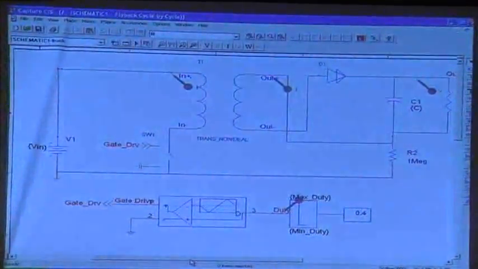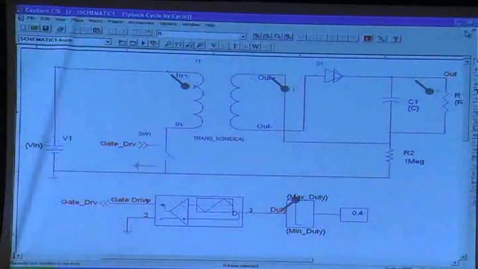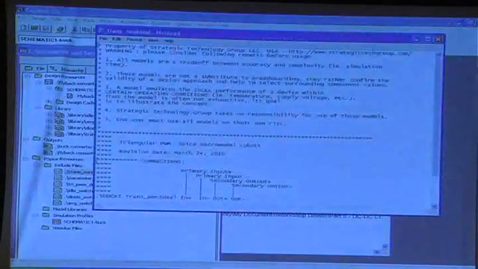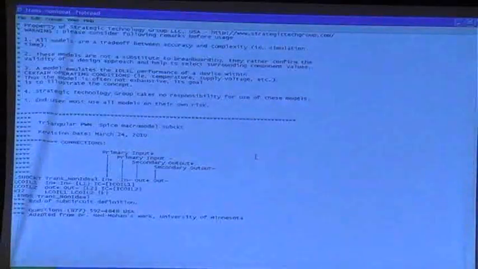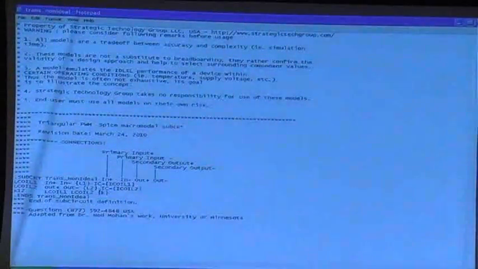The way we have simulated the transformer, we essentially have this parameter file called transformer non-ideal, and we are using 2 coils, L coil 1 and L coil 2, and they have coupling of basically parameter K.